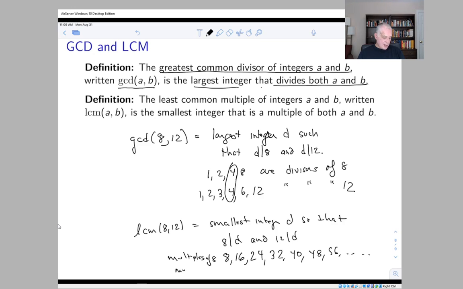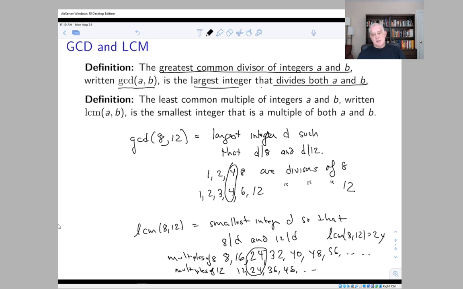And the multiples of 12 are 12, 24, 36, 48, and so on. And you see the smallest common multiple is 24. So the LCM of 8 and 12 is 24.